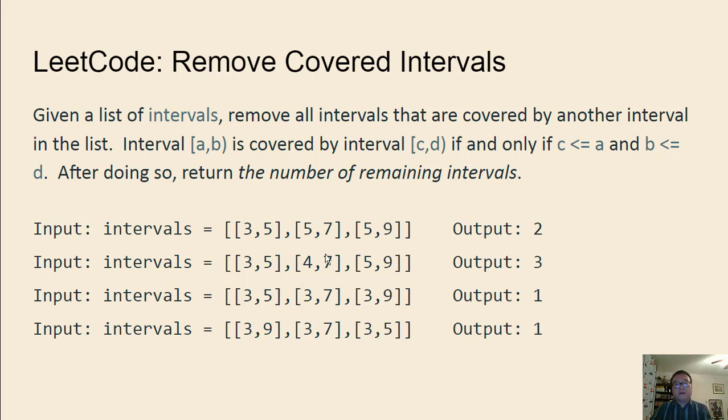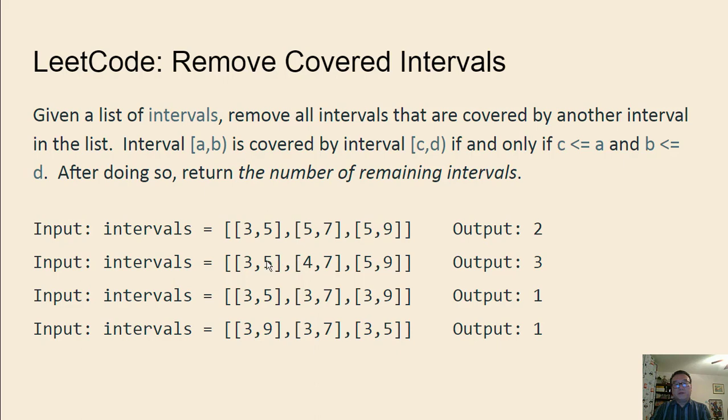And also 3, 5 cannot cover anything later, because anything that could be covered by 3, 5 would also be covered by 4, 7. For example, if we have an interval 4, 5 here, it is covered by 3, 5.